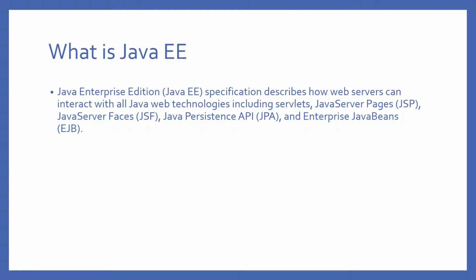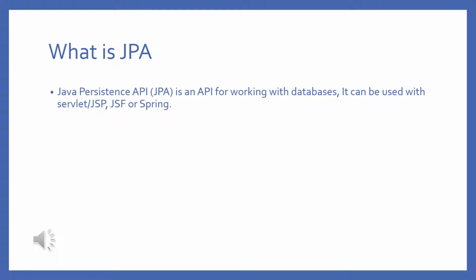What is Java EE? Java Enterprise Edition, Java EE, is a specification that describes how web servers can interact with all Java web technologies, including servlets, Java Server Pages (JSP), Java Server Faces (JSF), Java Persistence API (JPA), and Enterprise Java Beans (EJB). What is JPA?